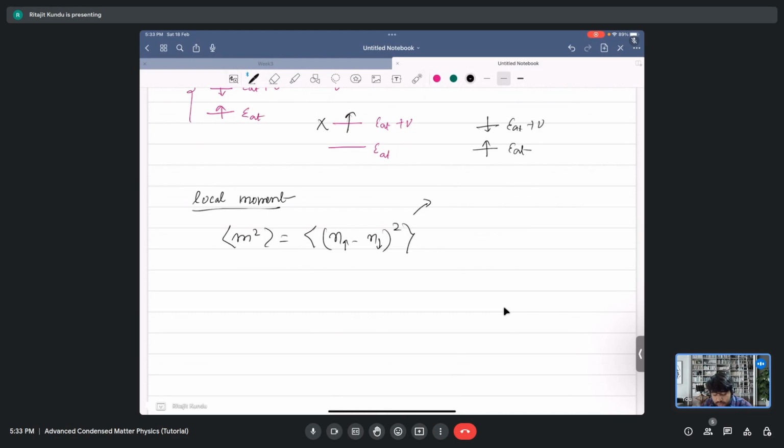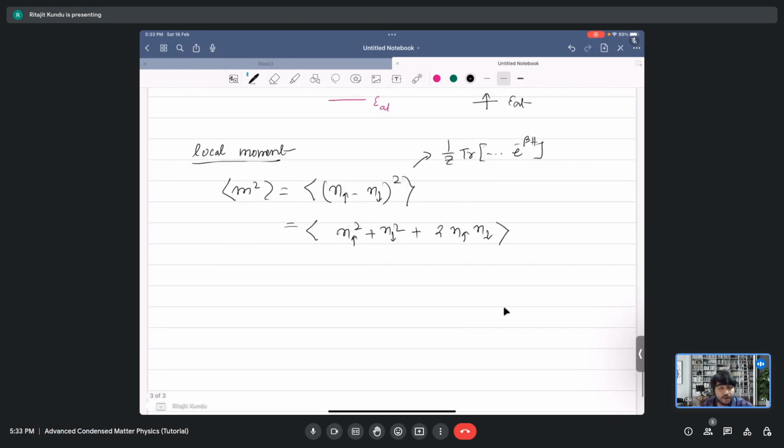You will calculate it with the partition function: 1 by Z trace of the operator itself times e to the minus beta H. If you expand this quantity, it becomes something like n up squared plus n down squared minus 2 n up n down.